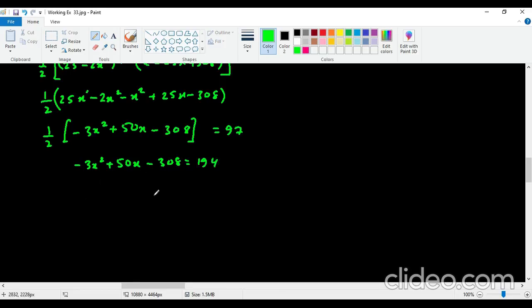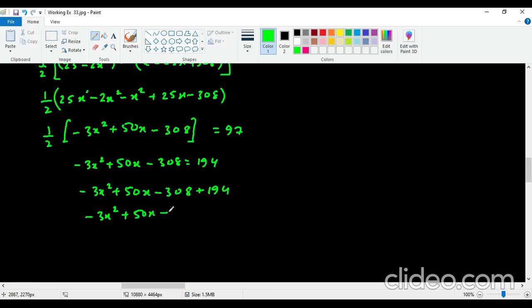Now we have two different equations. We are going to get minus 3x square plus 50x minus 308, and this is going to be plus 194, and here we are going to divide, but before that we simplify.